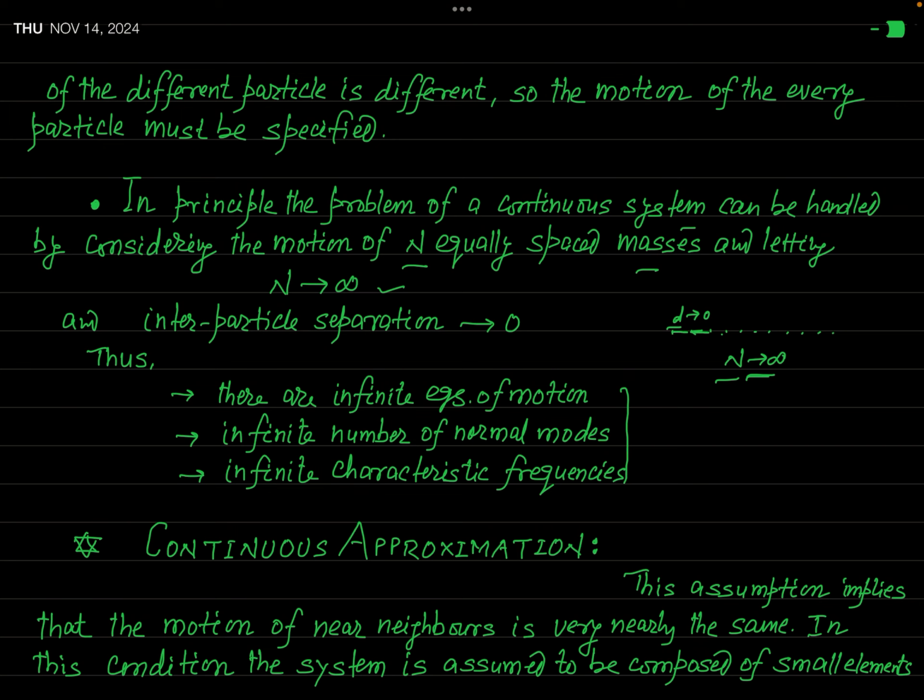And such an approximate method is called continuous approximation. Actually, you know, in physics at different places, we study different types of approximate methods to handle a complicated problem, to get rid of mathematical rigorousness. Okay.